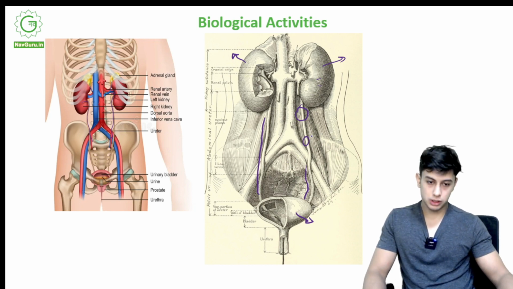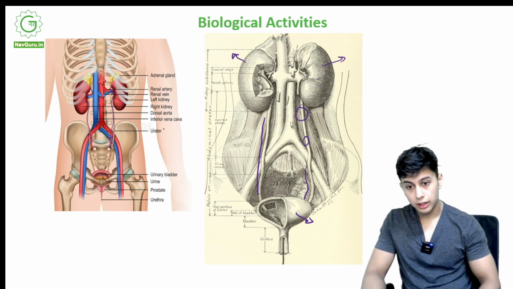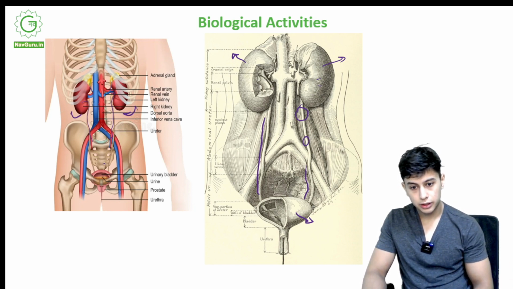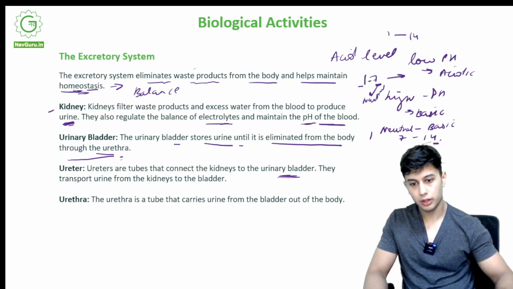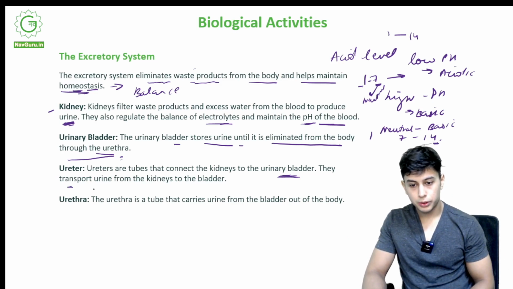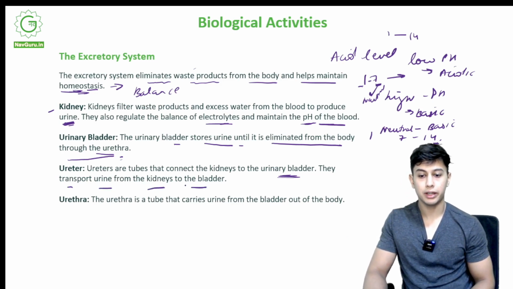Ureters are responsible for transporting that waste material from the kidney to the urinary bladder. Simple as that, right? Again, kidneys to the urinary bladder through the ureter. They transport urine from kidneys to the bladder.